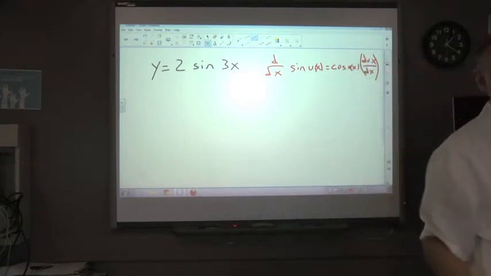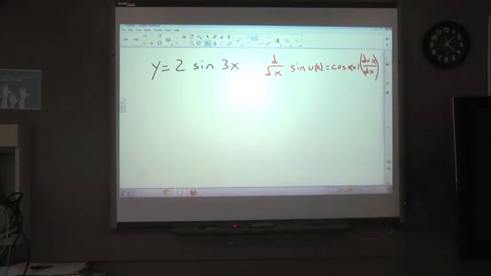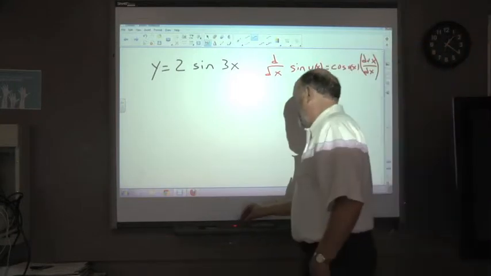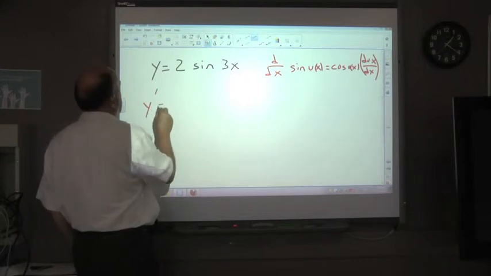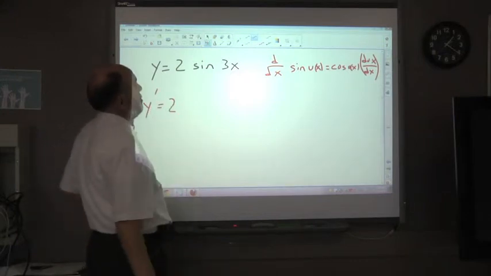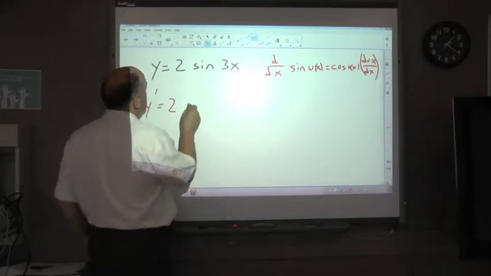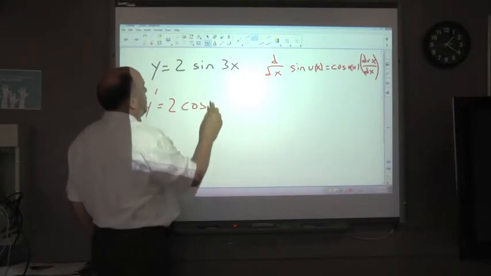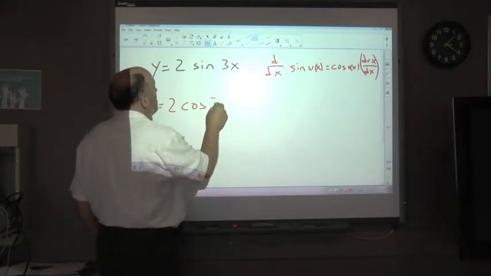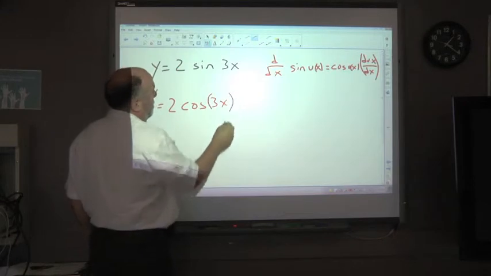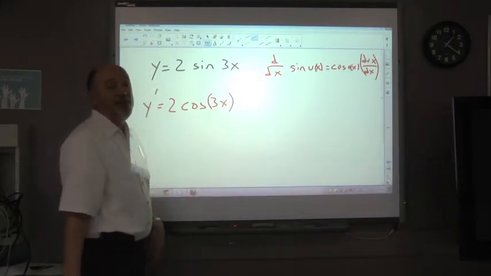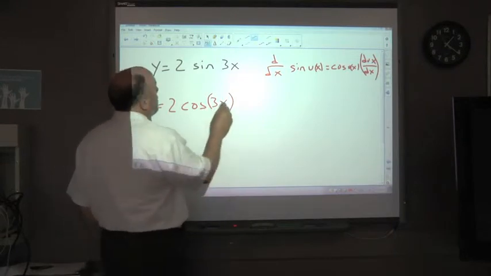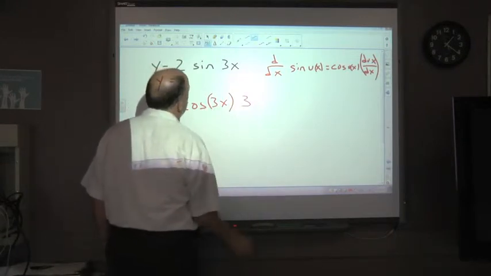Right? So really what all this says, really to do, is that my derivative of this y prime is going to be the 2. Derivative of sine is cosine. The angle stays the way it was. But then because now I need to take the derivative of this angle, and the derivative of 3x is going to be 3.